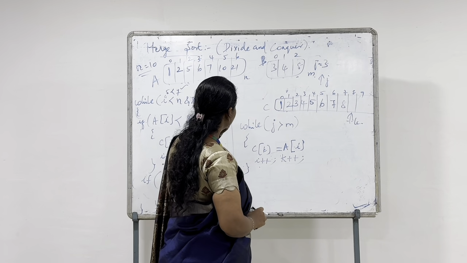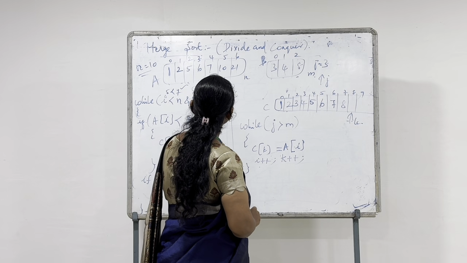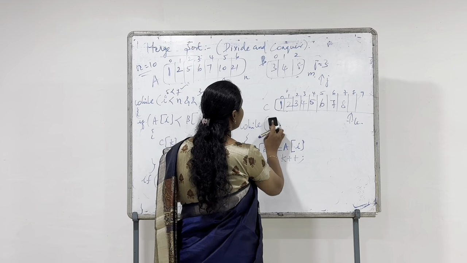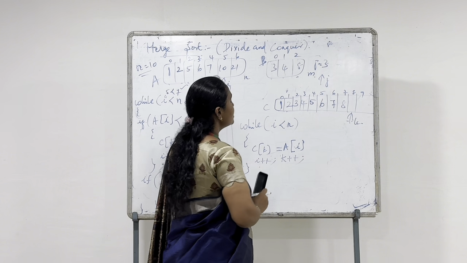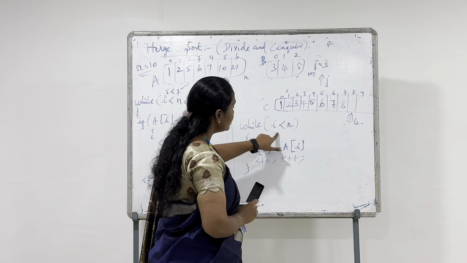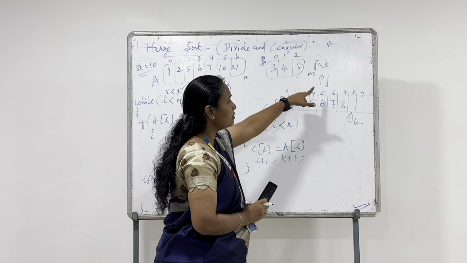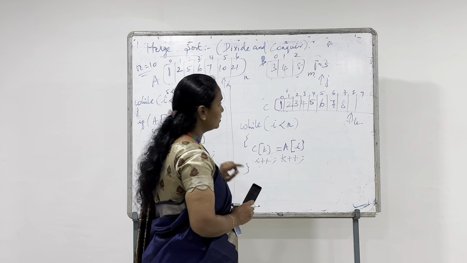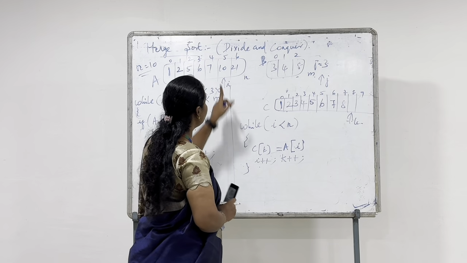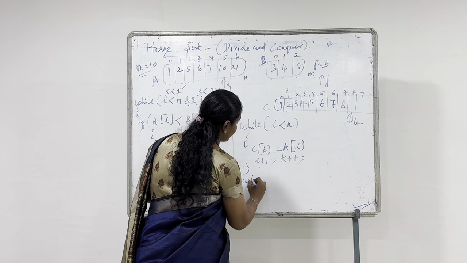Or we can say I is less than M. If I is less than M, only if this condition is false but J is greater than M is true, that is I less than M is true, then we are going to move the remaining elements from here to here. Okay.